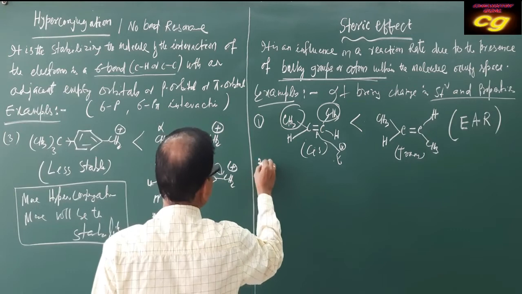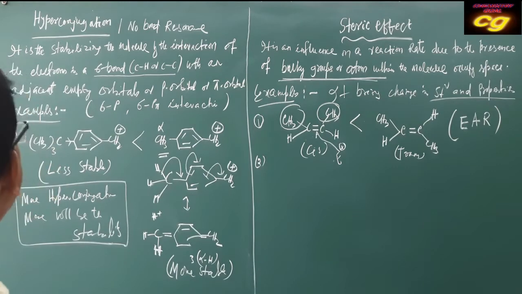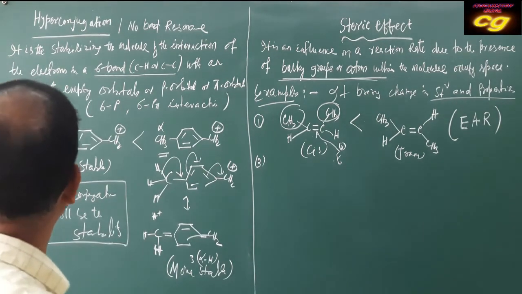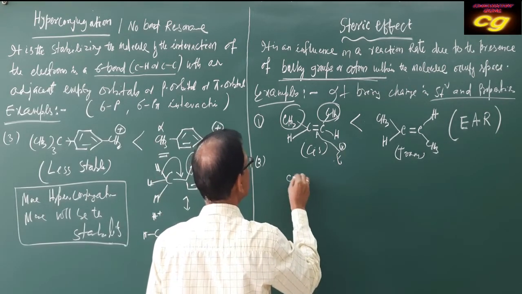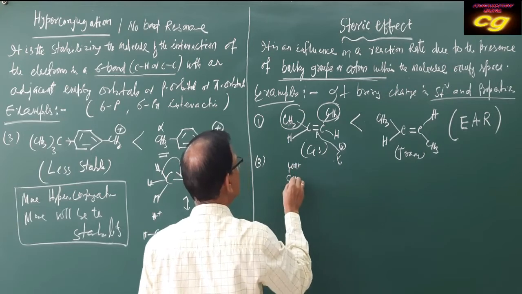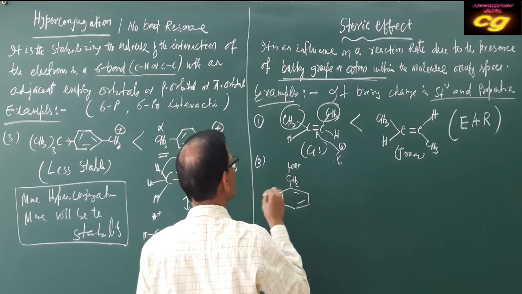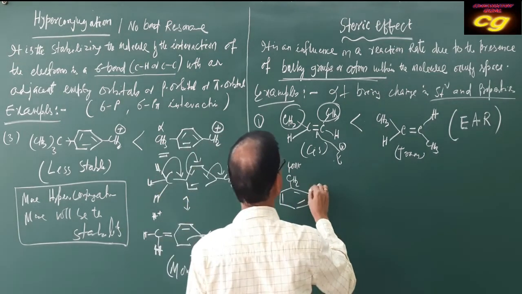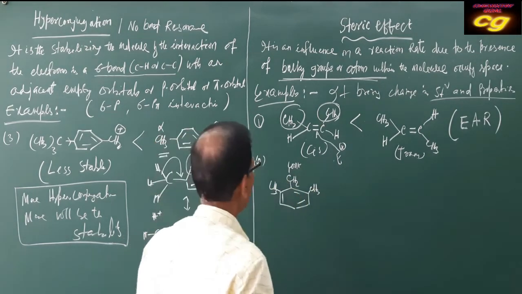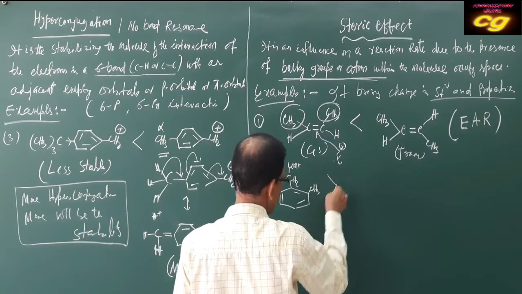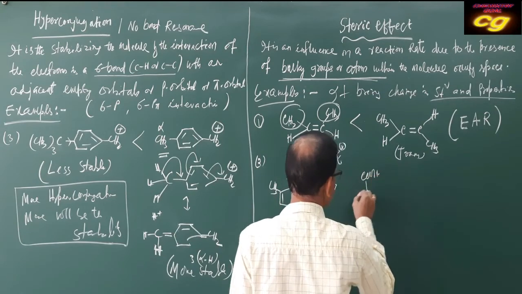Then the second application of steric effect, also called steric hindrance, is, if you see esterification of this group in presence of methyl, this group is more reactive towards esterification compared to this group.